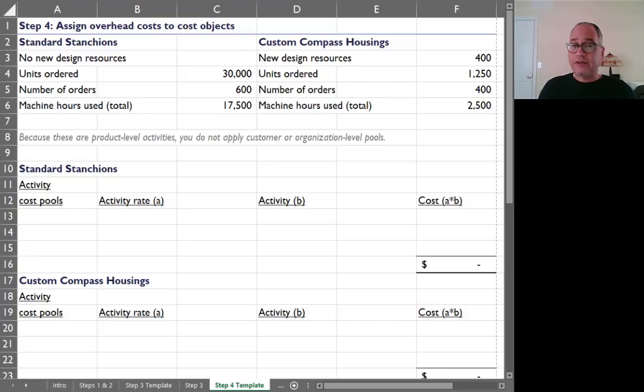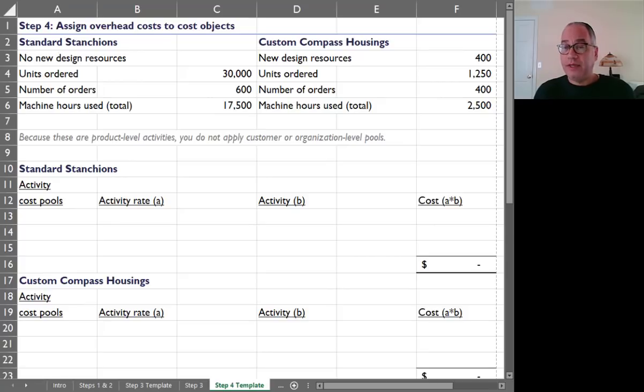So standard stanchions, a little bit about each one because we need to know this, requires no new design resources. There were 30,000 units ordered in 600 orders, and the machine hours used to make standard stanchions were 17,500 machine hours.